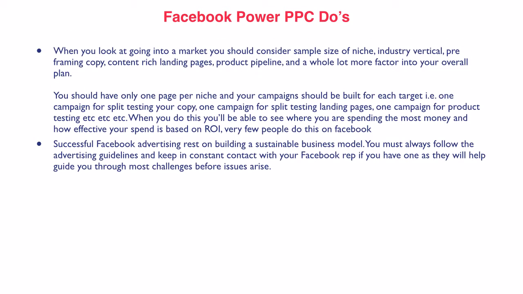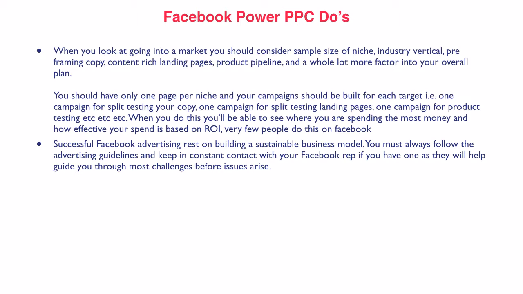When you are looking to get into a market, you should consider the sample size of the market and the industry vertical. You should be looking at pre-framing your copy, and you should be looking at building out content-rich product landing pages. I'm going to talk about content-rich product landing pages in later modules, so keep that in mind. That's something to look out for because this is something that nobody that I've seen actually does.